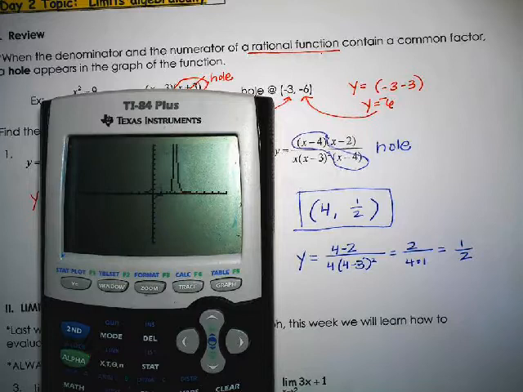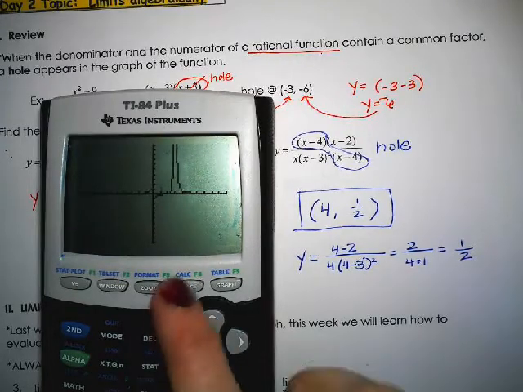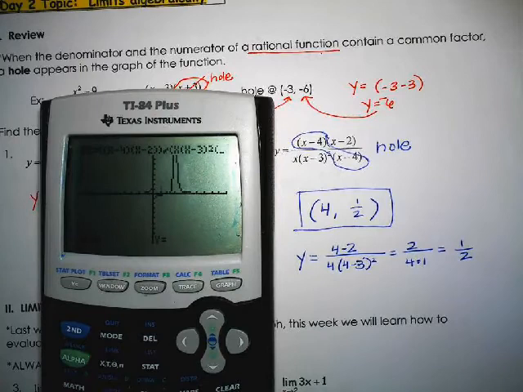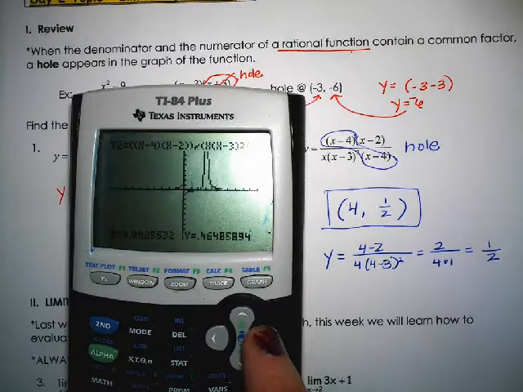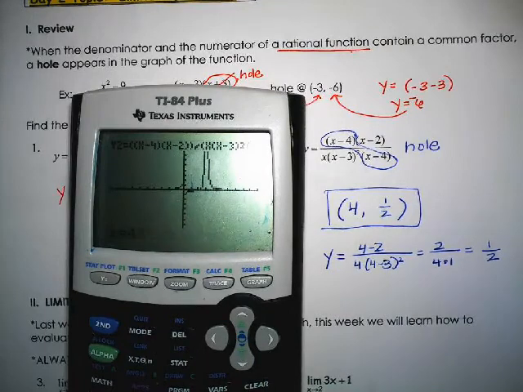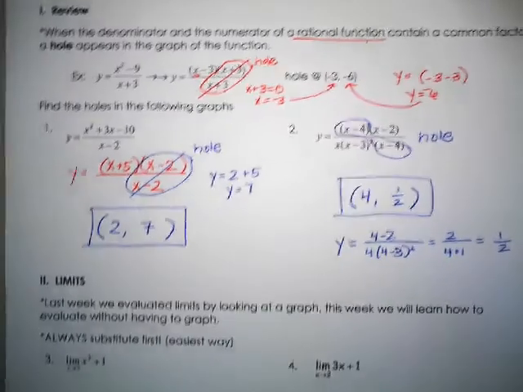I see some asymptotes there, but what I'm going to focus on is when I press the trace button and type in x equals 4, when I press enter, my y should be blank, and it is, because there's a hole at 4, 1/2. If I move to the left a little bit, I'm at 0.6, 0.4. I'm right about 0.5. But again, if I were to type in x equals 4, there's no y value. So that's how we find a hole.